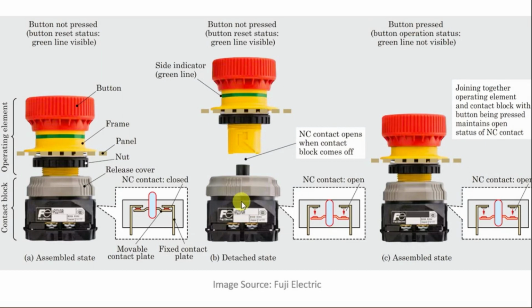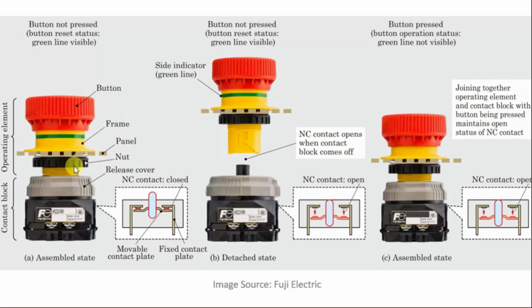The middle picture shows the same switch when it is detached, when it is removed, because here we are seeing two different blocks. This is the operating element block, which is the switch and the connecting components like frame, panel, nuts, everything, and the bottom portion is the contact block. So in this middle figure we are seeing the detached state.